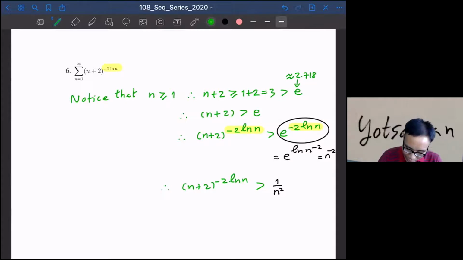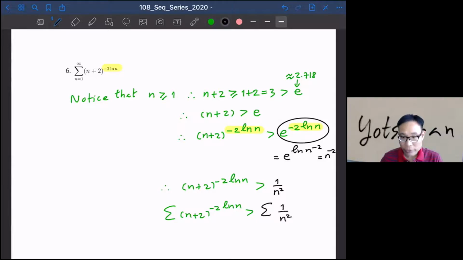Taking the series on both sides, the series of n plus 2 to the negative 2 log n will be higher than the series of 1 over n squared. And this one is p equal to 2, more than 1, so it must be convergent.